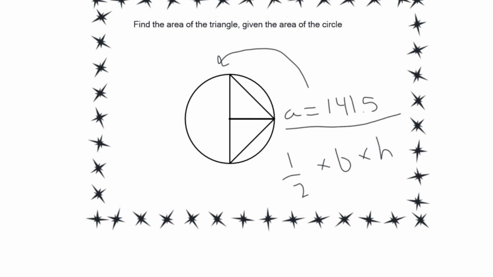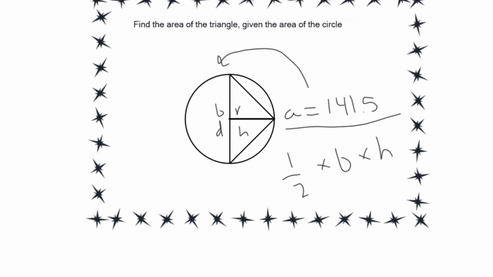So this is height, this is base, and this is radius, and the base is also the diameter, and we can get the radius from the area. Okay, and so I'll write the diameter down, and we know we can get the diameter by multiplying the radius by 2.